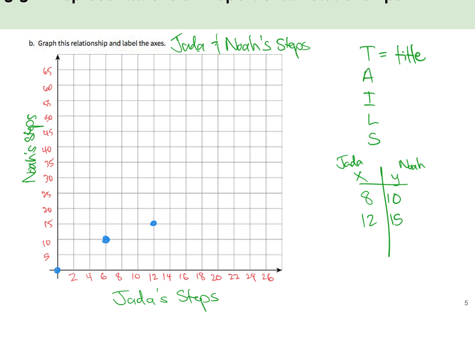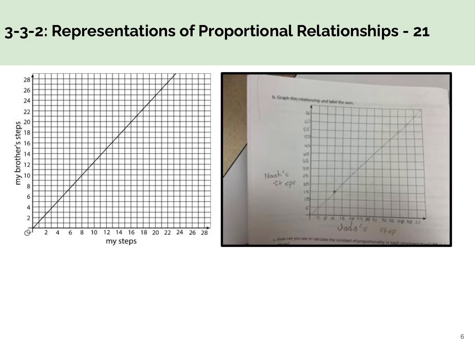So notice how it's going to start at 0, 0. And then let's see if I can draw that a little bit better. This would be our graph. Here are some other examples of the graphs that we have. Okay, but make sure you have it in your workbook.